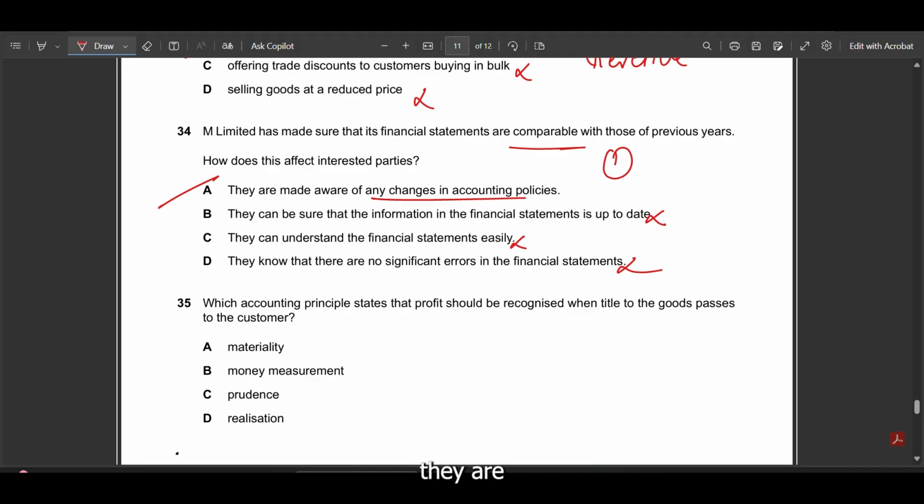So if they are doing so, the shareholders or stakeholders need to be made aware, even if they are changing their valuation of closing inventories, say from FIFO to weighted average method. So all these things need to be informed to the stakeholders. So that's the reason A is the right option over here.